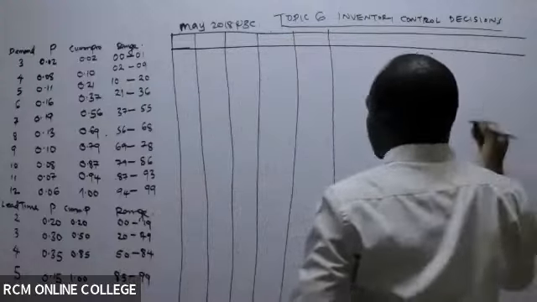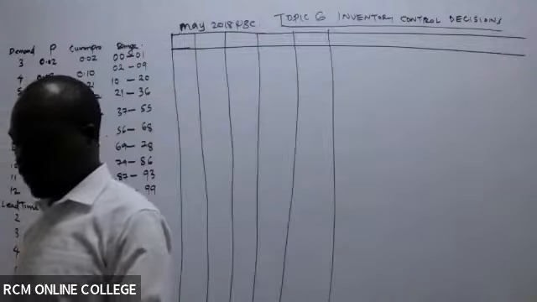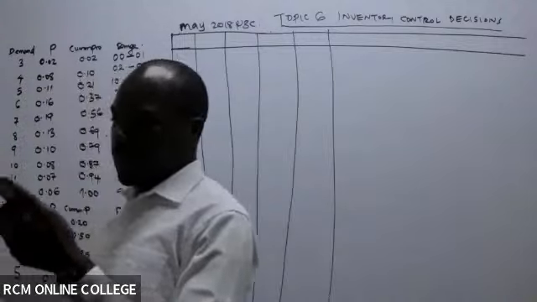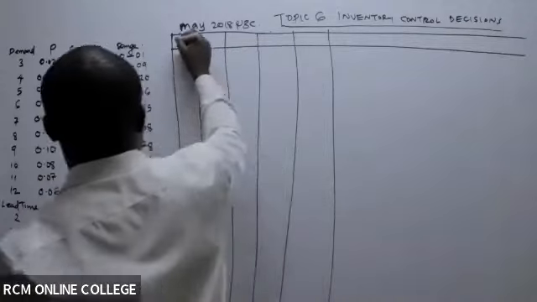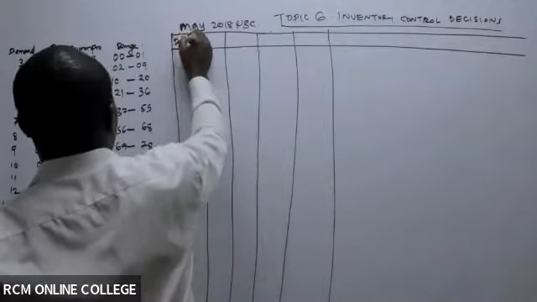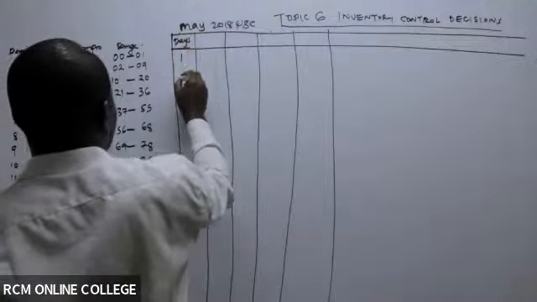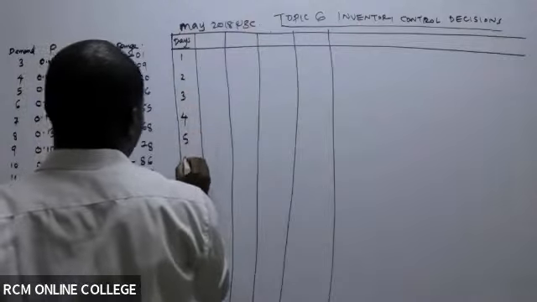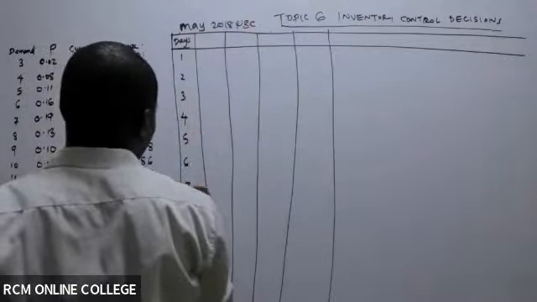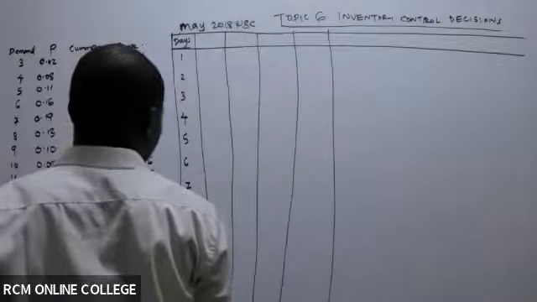So they told us to do simulation in terms of days or weeks. Let's see. Using simulation of the above problem for 10 days. So this column here represents days. How many are they? 10. So we have day 1, day 2, day 3, day 5, day 10.